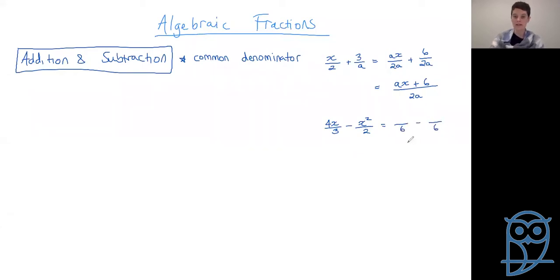Something over 6. 3 times 2 gives us a 6, so we have to times 2 on the top: 8x. We have multiplied 2 by 3 to get the 6, so we would have 3x squared. Then we can do that subtraction: 8x minus 3x squared all over 6. So you can see it is the same thing that we're doing. It's just that we're playing with letters as well.